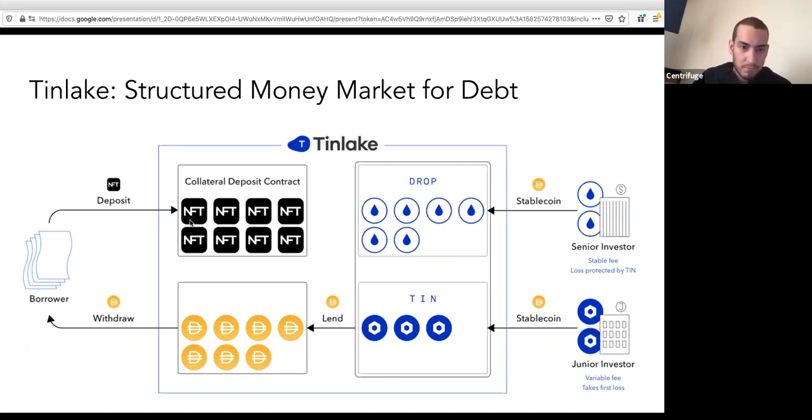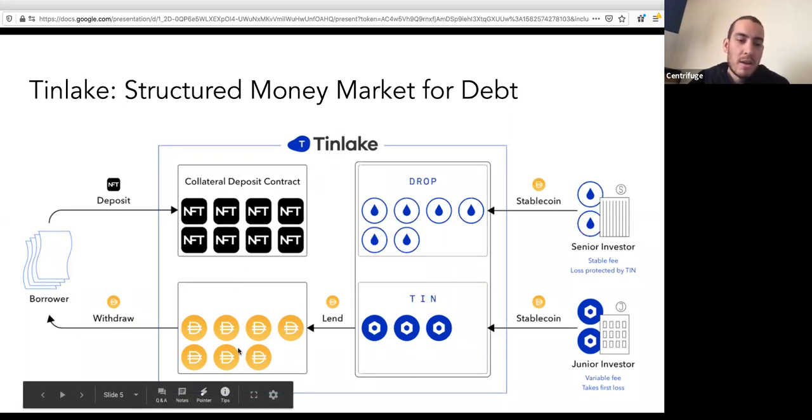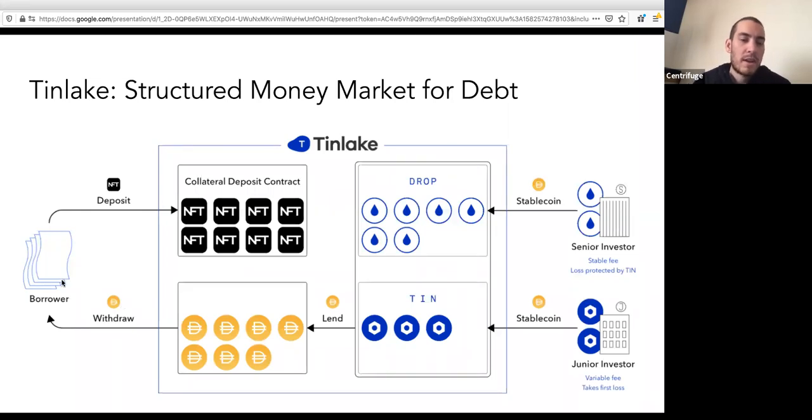So you can have a collection of different NFTs that yield different interest, have different maturity dates, and so on. The Tinlake contracts then allow borrowers, for depositing these NFTs in Tinlake, to be paid out a stablecoin such as DAI, which they can then use and, upon maturity, repay to get their collateral back.